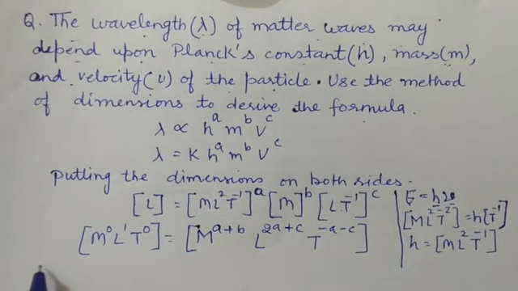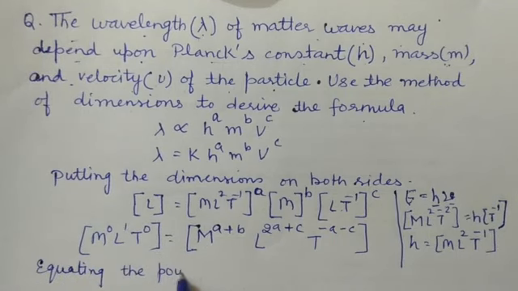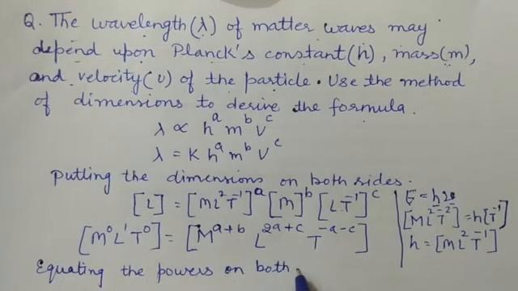We'll equate the powers on both sides. A plus b equals 0, 2a plus c equals 1, and minus a minus c equals 0.